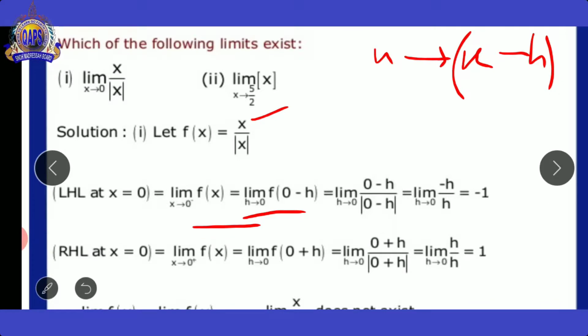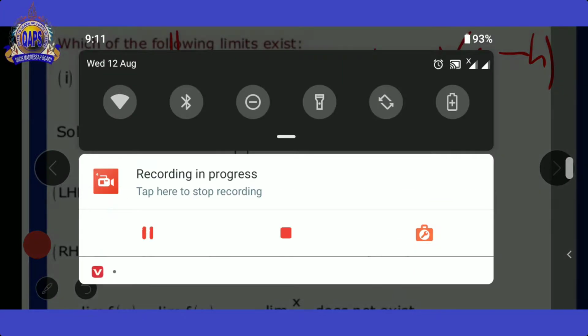In the modulus function, 0 minus h remains minus h. And in the modulus sense, when any number is negative, it becomes positive. So that negative becomes positive, then h and h cancel, and the remaining result is -1. So this will be our answer.